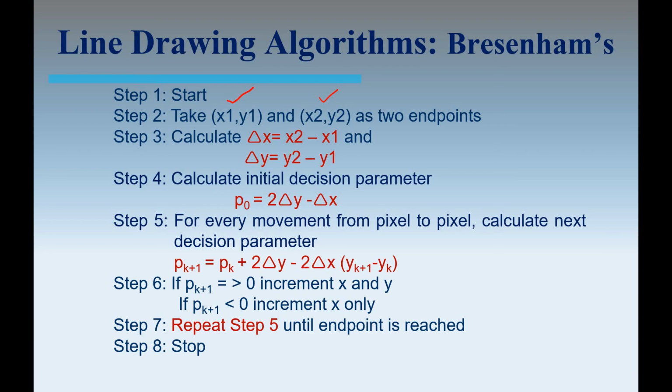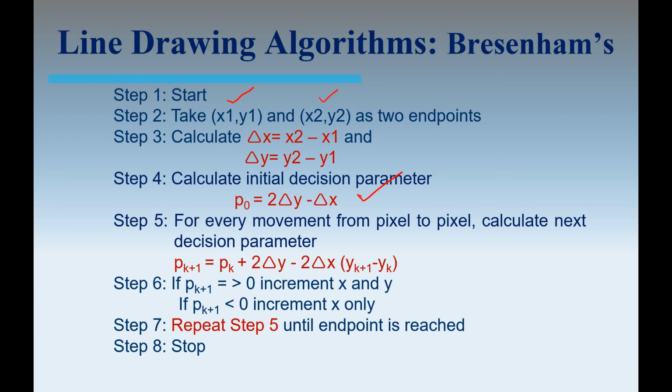From that, we calculate the initial decision parameter p0 equal to 2Δy minus Δx. You will have to remember this. And for every movement from pixel to pixel, calculate the next parameter pk+1 equals pk plus 2Δy minus 2Δx(yk+1 minus yk).